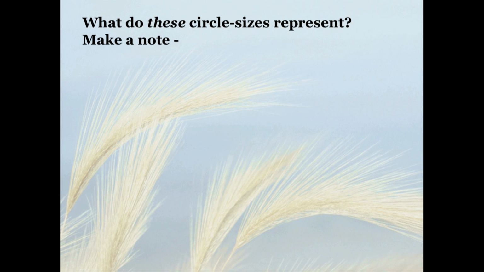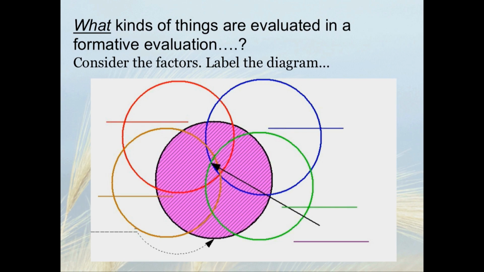What do the circle sizes represent in the diagram? Do you remember? Take a second to draw the circles and label them. What kinds of things are evaluated in a formative evaluation? Remember what the arrow designates?